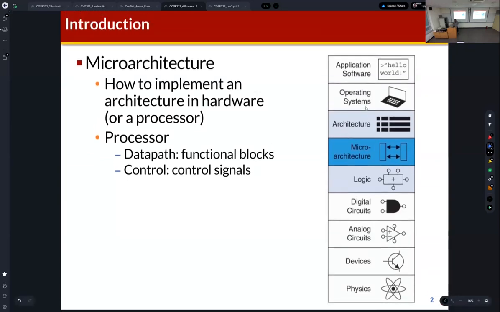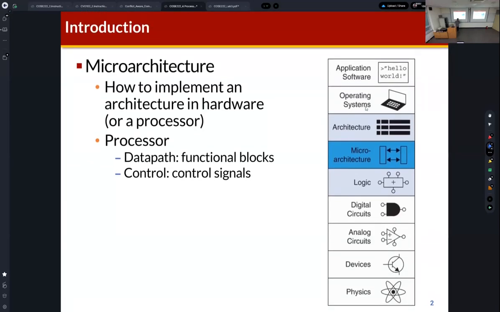As you can see, this slide shows the several layers of computer systems. I showed this figure in the first class of this course, do you remember? In chapter 2, we learned about the instruction set architecture, called ISA. ISA is around here, okay?